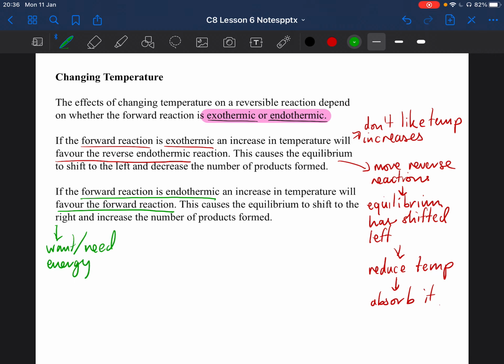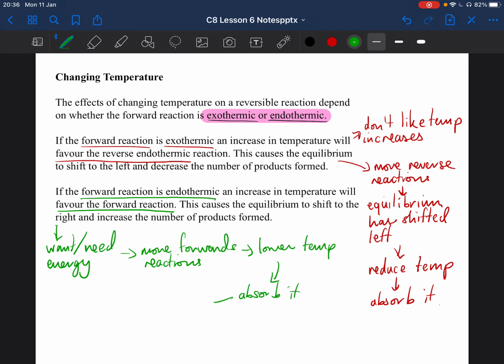So if we have an endothermic reaction and we increase the temperature, we are going to see more forwards reactions. The reason for this is we want to lower the temperature, and the only way to lower the temperature is to absorb it.